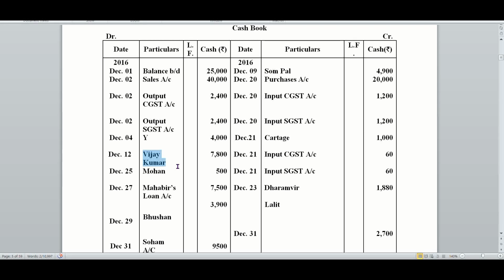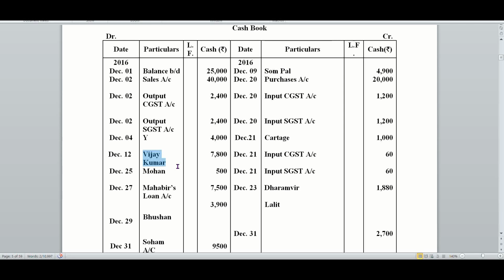So cash account is debited by 7,800. So we will go to the cash book and write Bijoy Kumar 7,800. Then we are coming to your bought goods for cash.